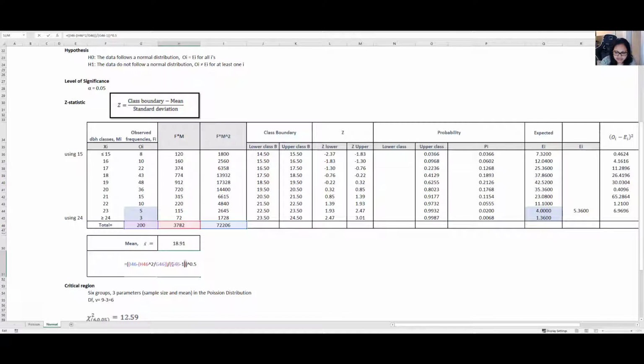Since I want the standard deviation, I took the square root. You can use SQRT in Excel, or the power 0.5. So that's how I found the standard deviation.